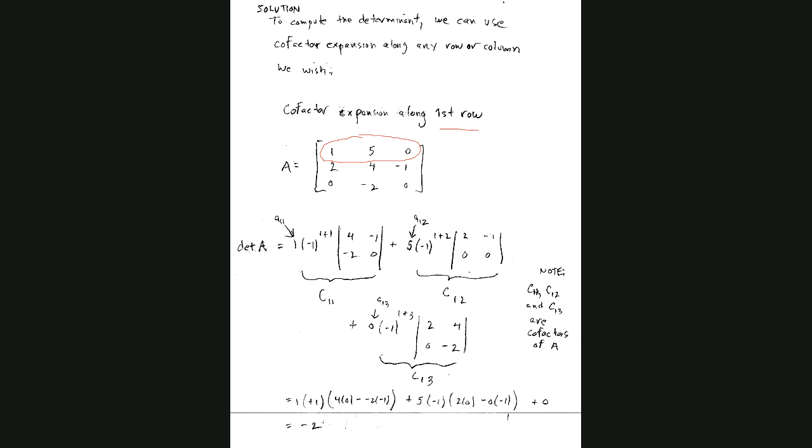But now I'm going to focus on 5. 5 is the element that's in the first row and the second column. Okay, and so now we multiply 5 by -1 to the 1 plus 2 power. First row, second column, 1, 2.